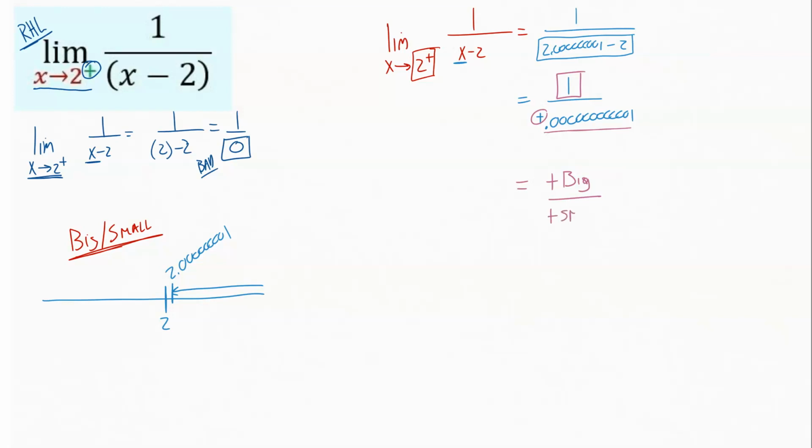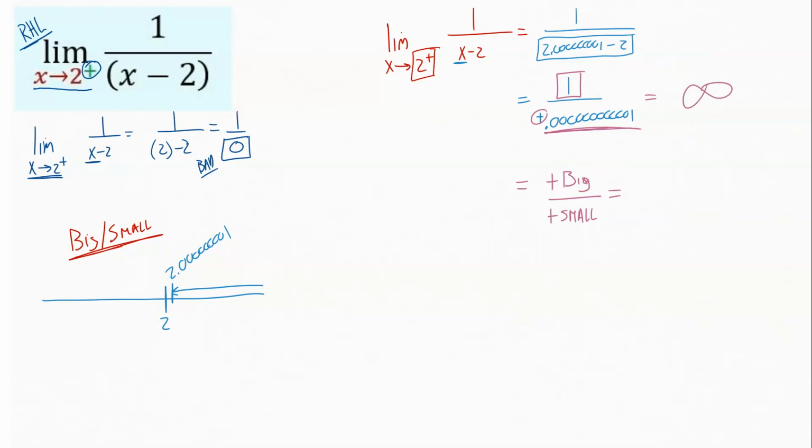And it's going to just keep getting smaller and smaller the more zeros we add on, the closer we get to 2. And so when you've got a big number divided by a very small number, you can see here from this example that would be getting huge. 1 divided by this very small decimal, if you type something like that into your calculator, is going to just keep getting bigger and bigger. And so what that's telling us is this is headed to infinity.